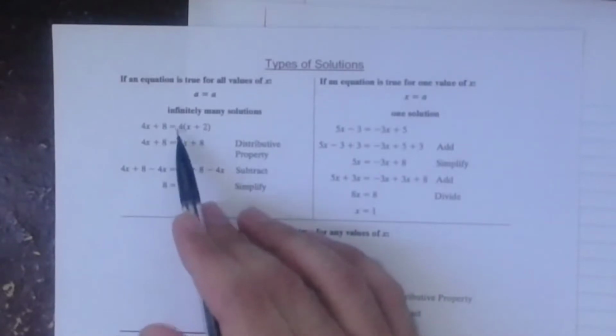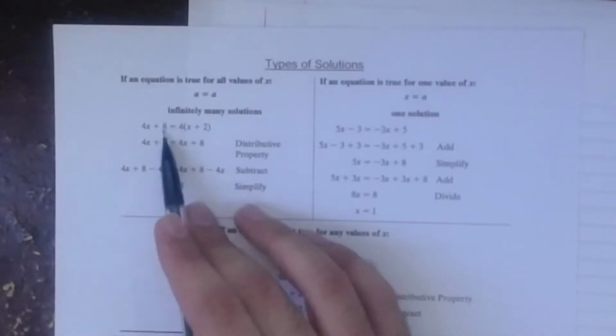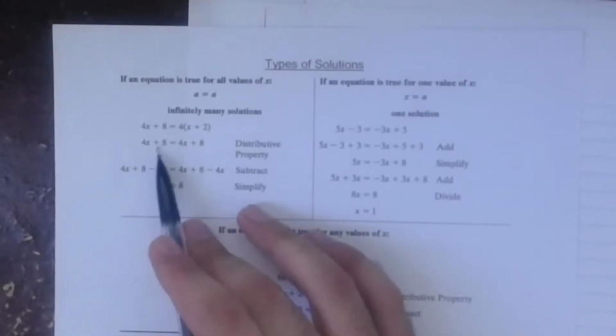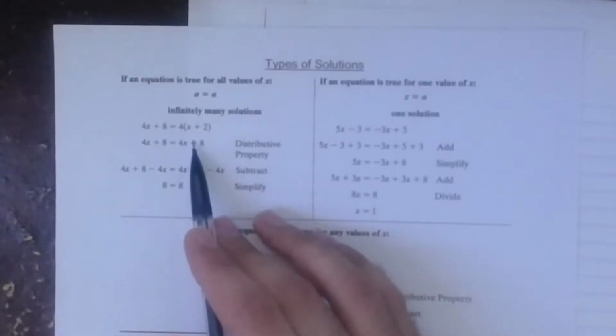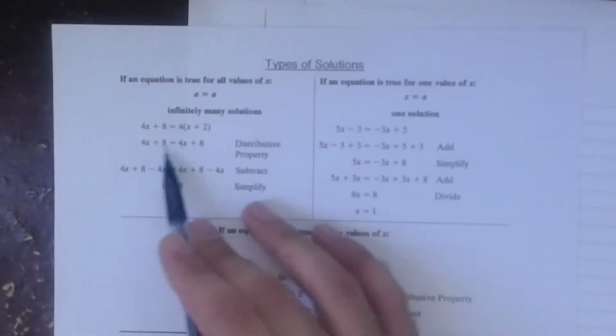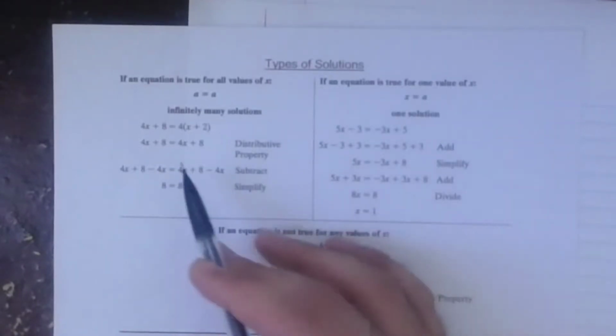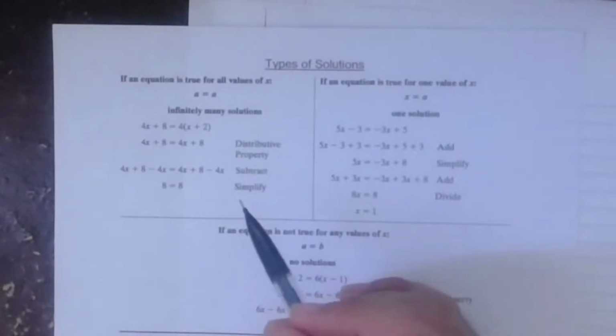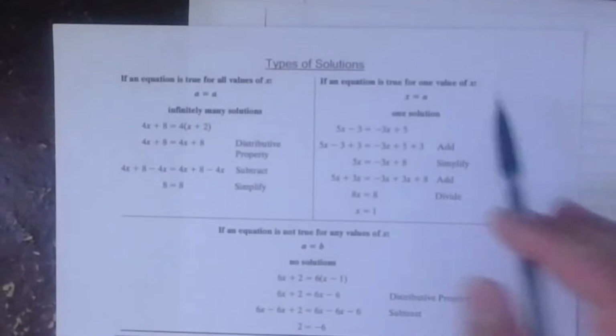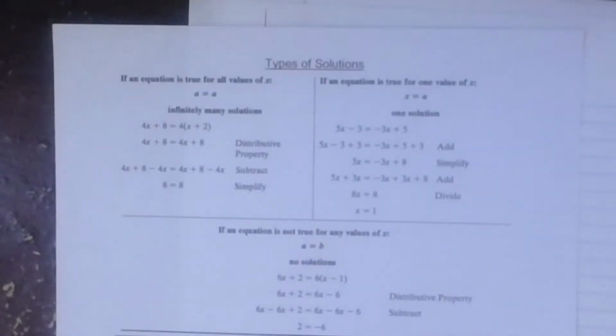As you could tell, this is just a different form. These two things are exactly the same because if you distribute, you get this, which is exactly the same equation. So of course they're going to give you the exact same answer. And that is for the infinitely many solutions.